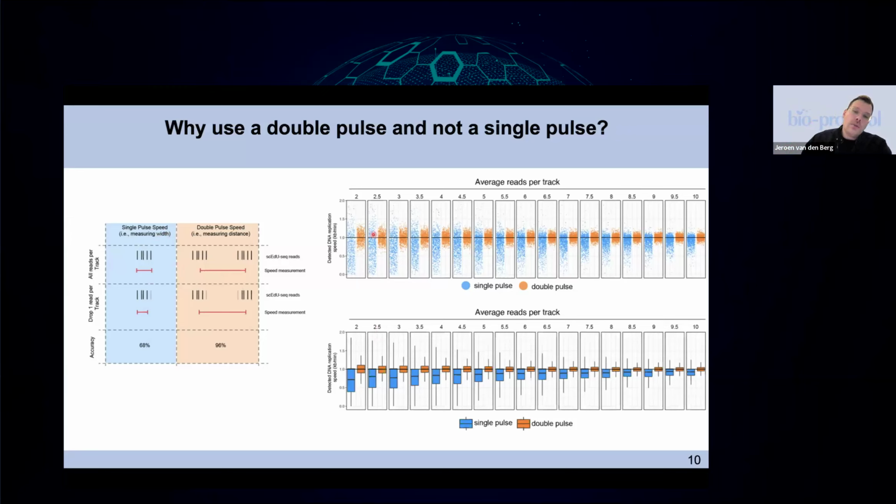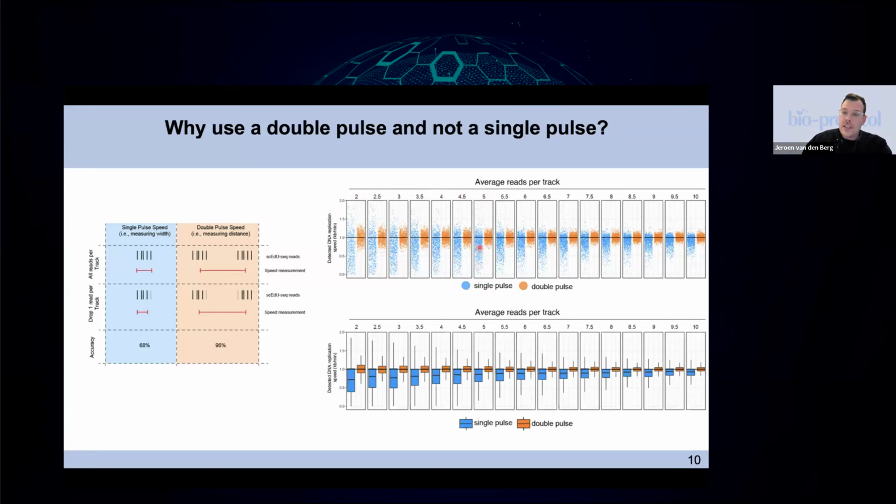The take-home message for us here was that if you get into this lower regime of number of reads per track, you start to largely underestimate the DNA replication speeds.